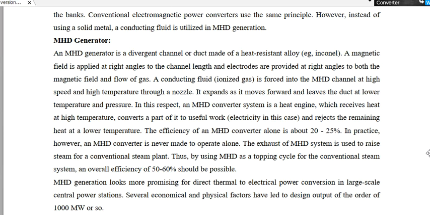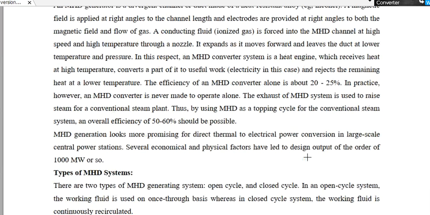Thus, by using MHD as a topping cycle for the conventional steam system, an overall efficiency of 50 to 60% should be achieved. MHD generation looks more promising for direct thermal to electrical power conversion in large scale central power stations. Several economical and physical factors have led to design output of the order of 1000 megawatt or so.